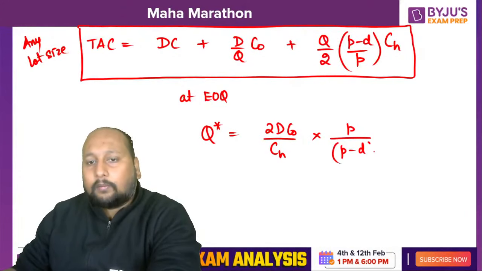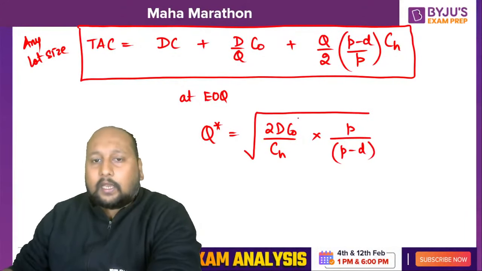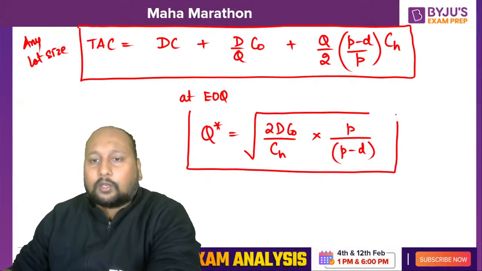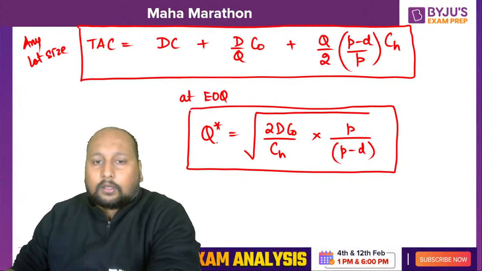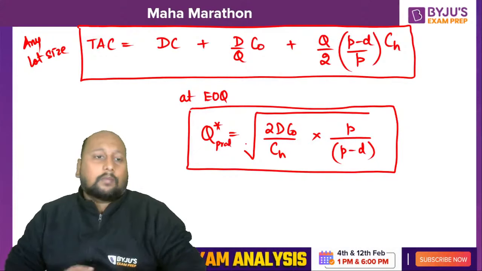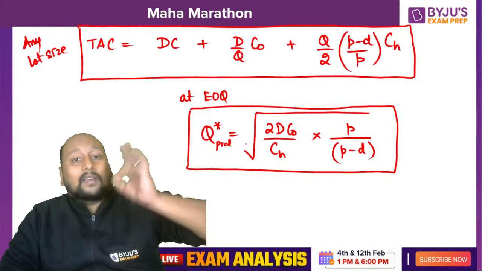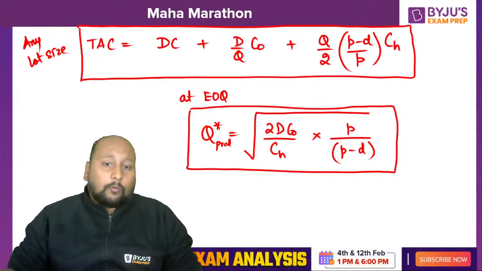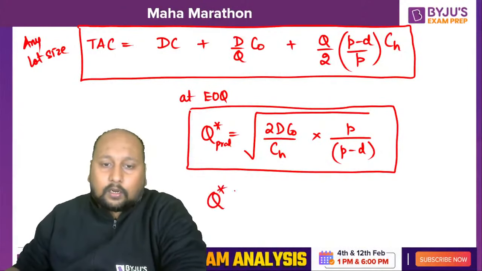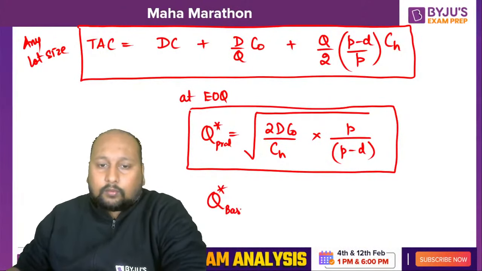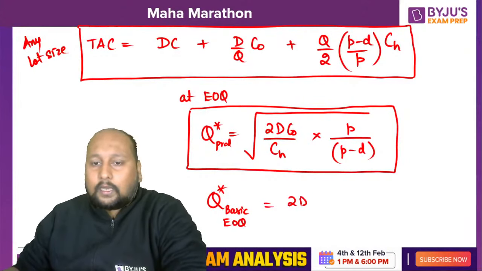There's a technique to remember. We always know that the economic order quantity for a production based model is always higher than that of the basic EOQ. We can understand because we know that Q star for a basic EOQ is equal to root of 2D CO by CH only, right?